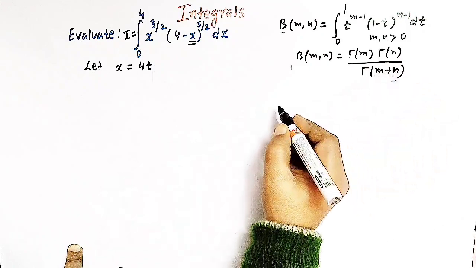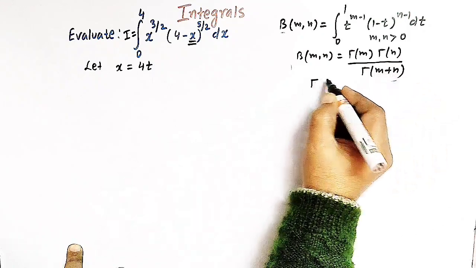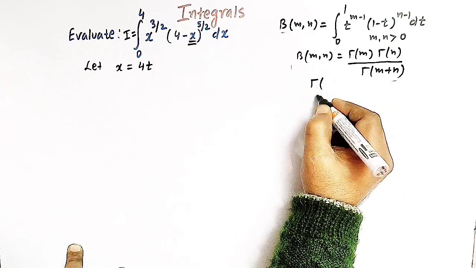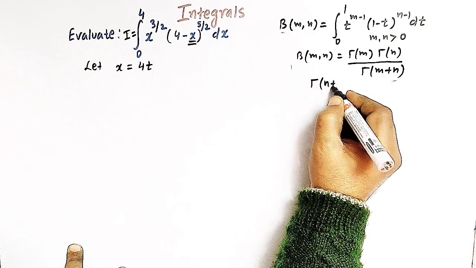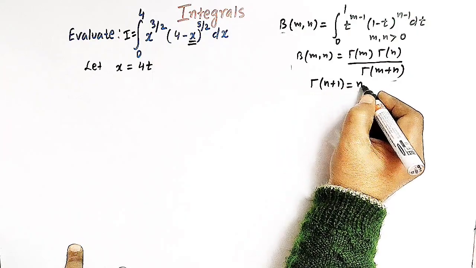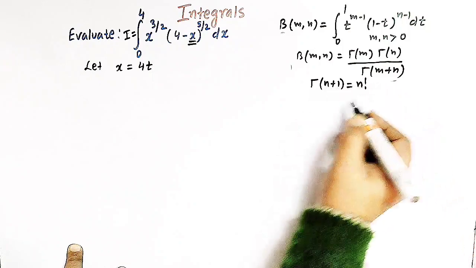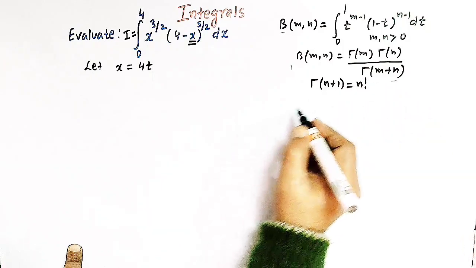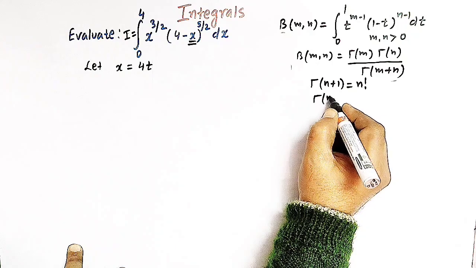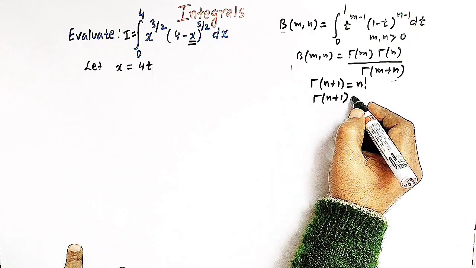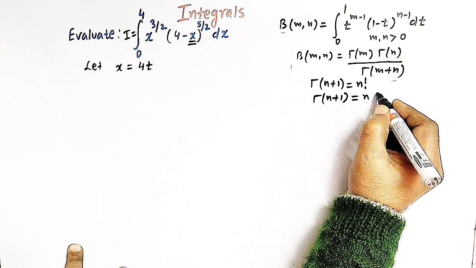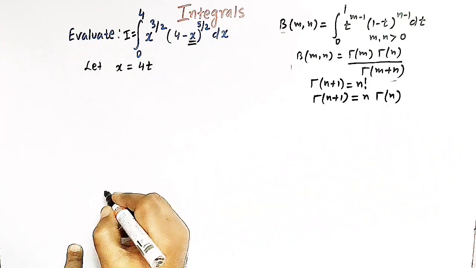Moreover, we'll also utilize these two important results: gamma n plus 1 is given by n factorial, where n is a positive integer, and gamma n plus 1 can also be written as n times gamma n.